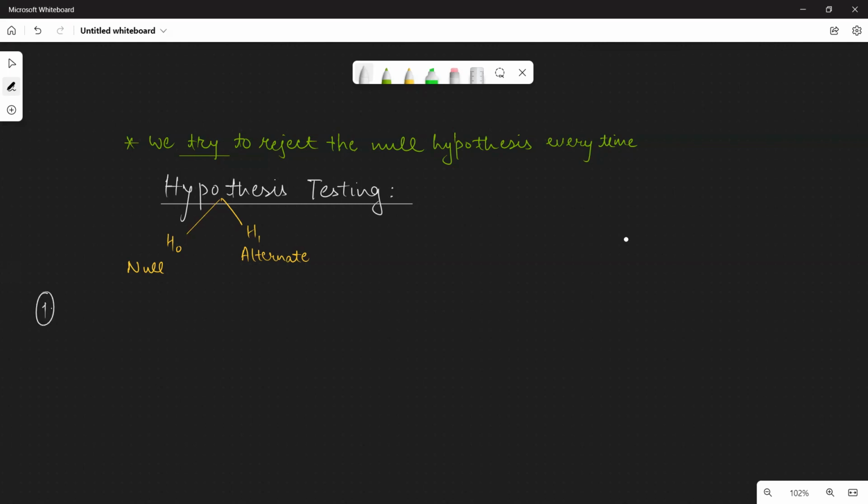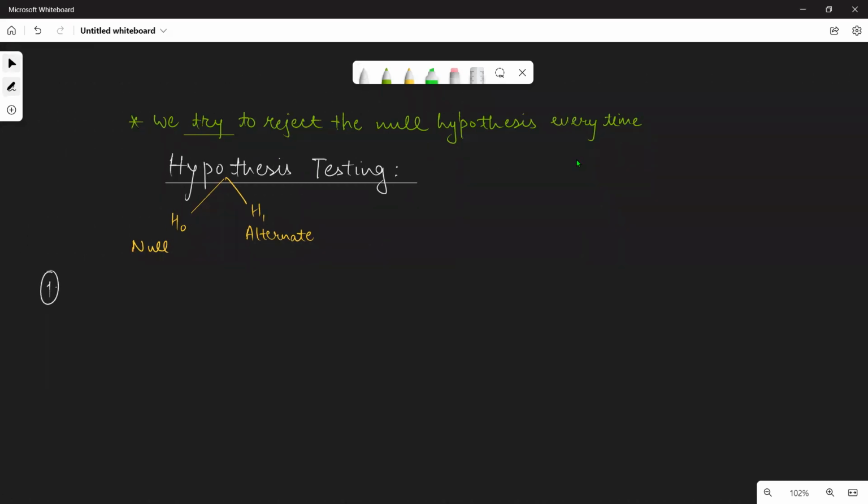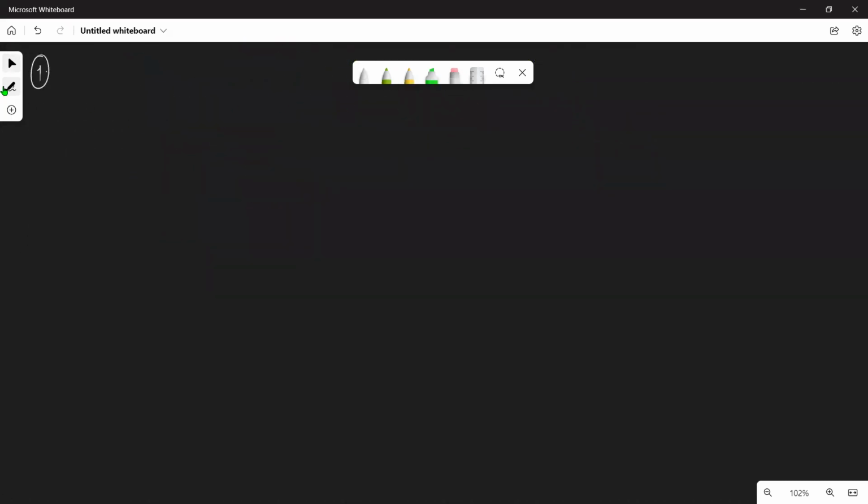Let's imagine that we have this mobile manufacturing company, let's say OnePlus. OnePlus is a mobile manufacturing company, and it's into a lot of things, not just mobile, it's also into TV and all those things.